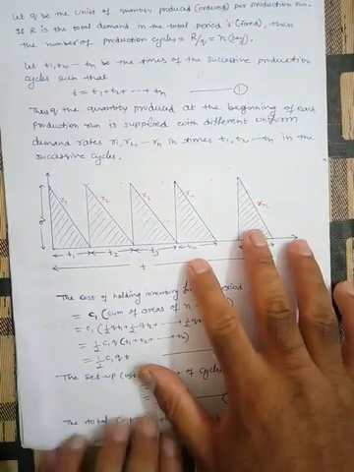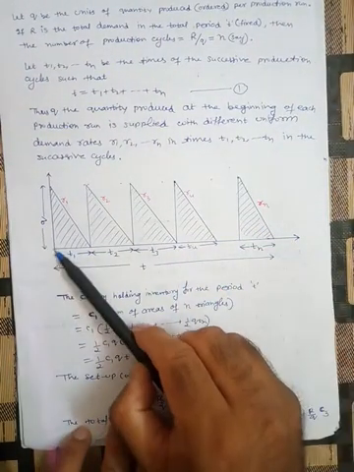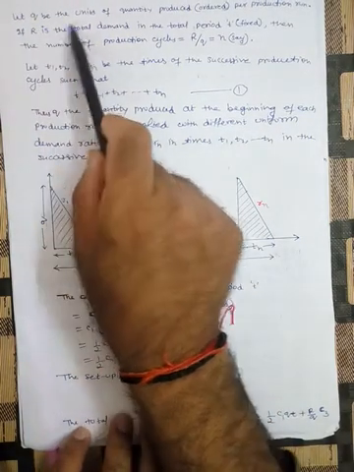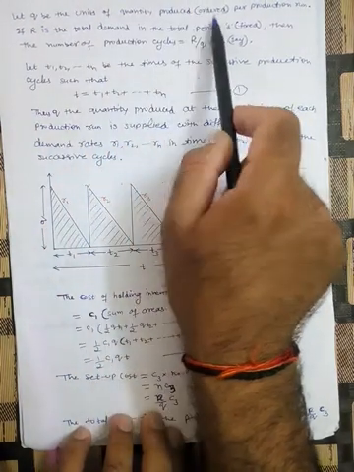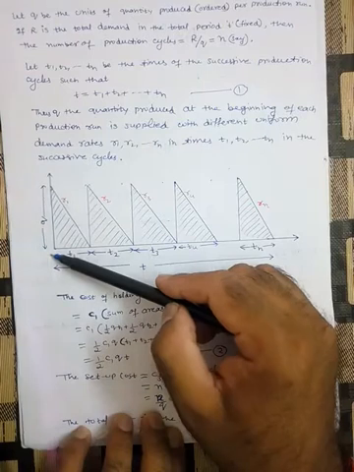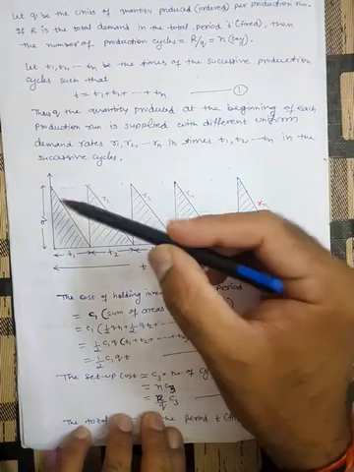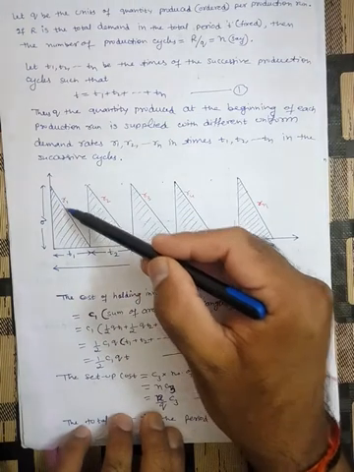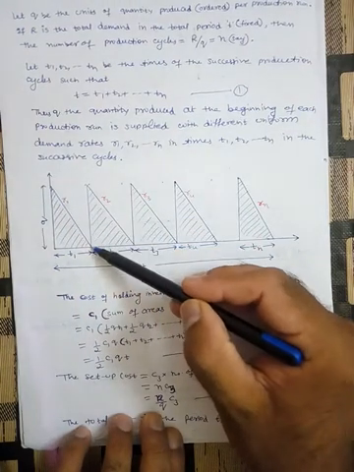Now the model is this. Suppose initially Q items, so let Q be the units of quantity produced or ordered per production run. So these are the produced items, and R1 is the rate in the first production. They will finish after T1 time.